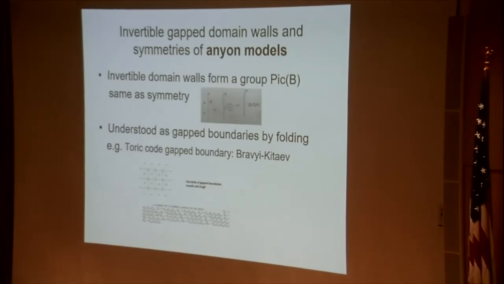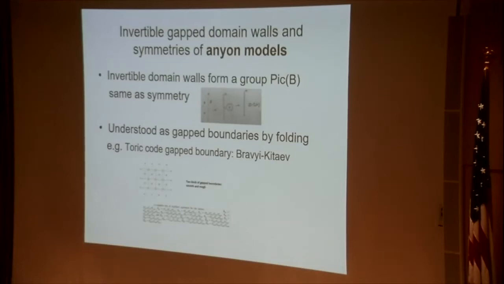And it's just this cartoon picture. It's very easy to see why there's a map. So suppose you have a topological phase of matter. The only one I will talk about is the toric code, and you have a domain wall. And you have an anyon on the left. And you can just push the anyon across the domain wall into this configuration. Just go through the domain wall and drag with it. And then the domain wall is invertible. So that means these two, one goes in this direction, the other goes in the opposite direction, they cancel each other.